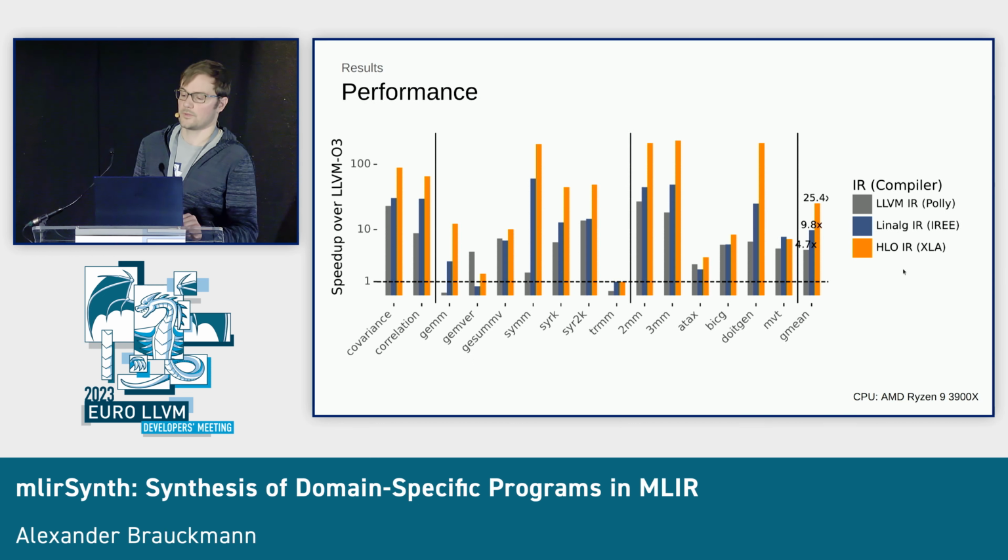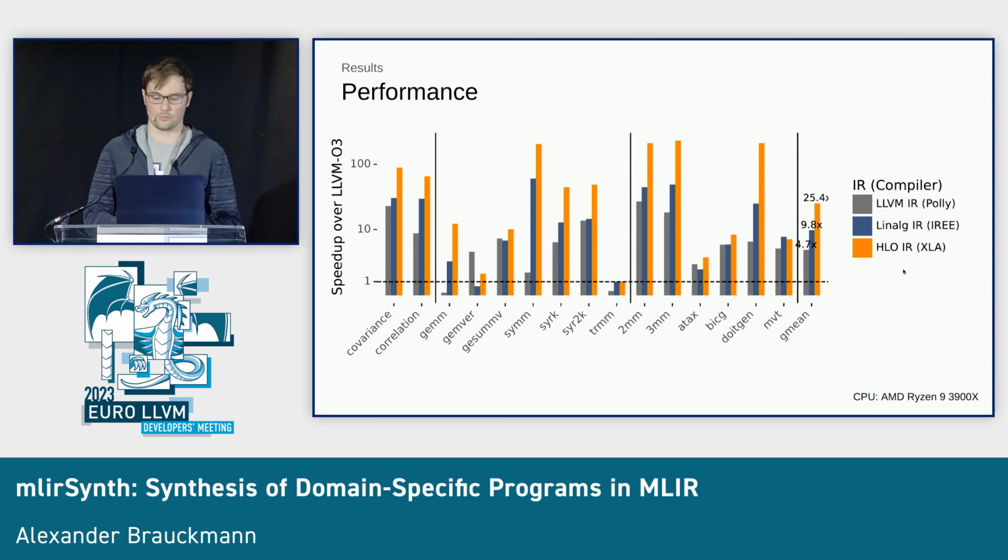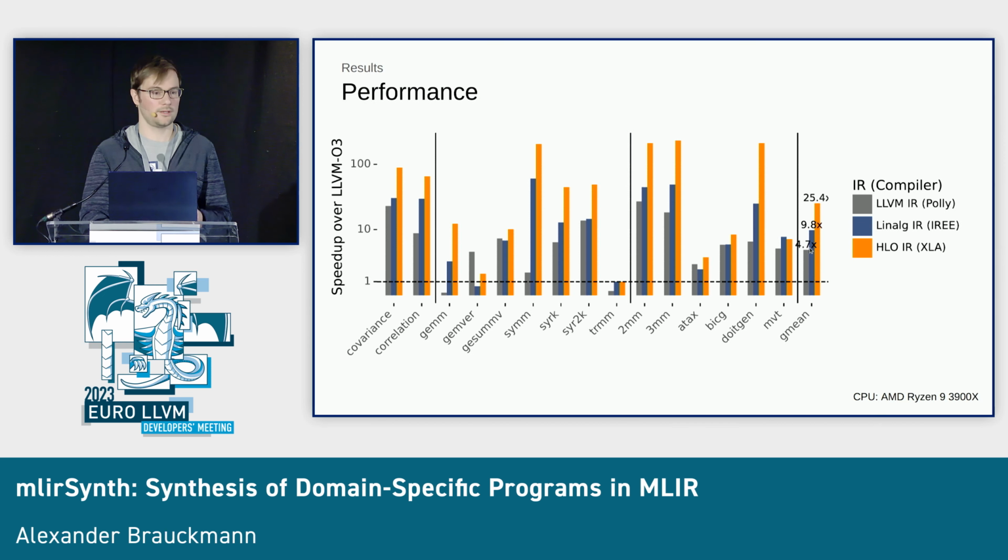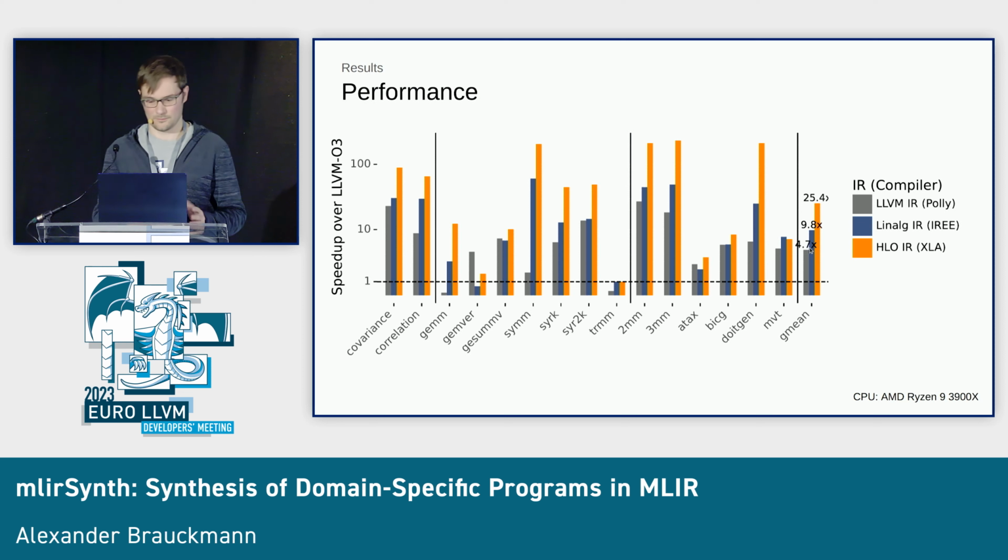Then we also lowered it to linalg and compiled it with ERI, and ERI follows a different code generation strategy in this case, and we get a speedup of like 10x, and ERI is also faster in one of the kernels, basically. And all these numbers are in geomean larger than Polly, the state-of-the-art loop optimizer for LLVM.